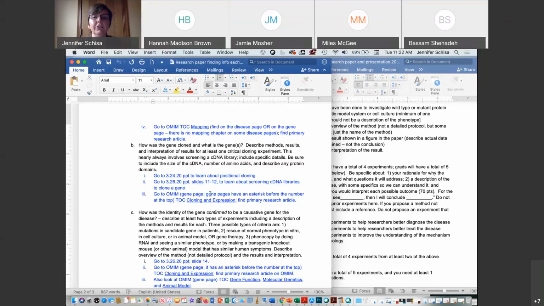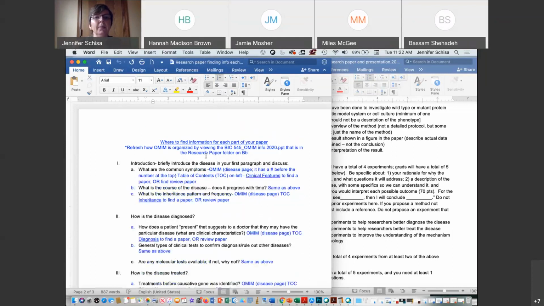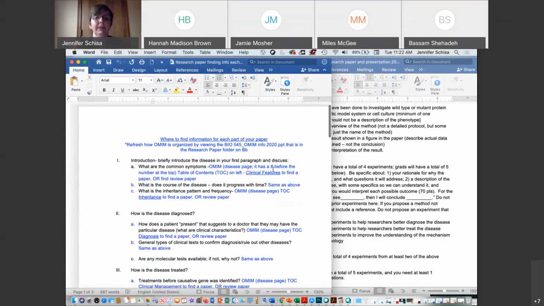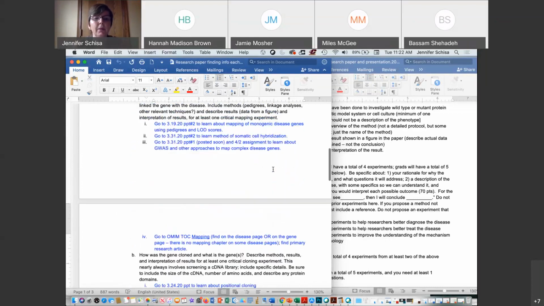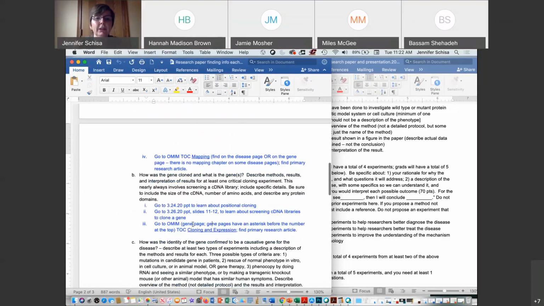The disease pages have a number symbol. At the very top of this, I just reminded you that there's an OMIM info PowerPoint where that's kind of explained. That's also in that research paper folder. So the disease pages, the ones with the numbers, are not going to have the cloning section, right? Because the disease isn't cloned itself, but it's the gene page right here.